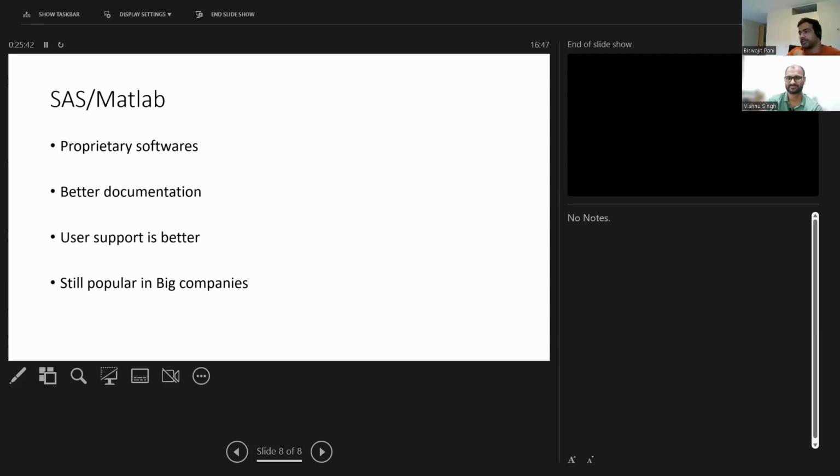User support is also better. For R and Python, you have to go to the internet and search, and sometimes that could be very frustrating, especially for beginners. It will be very frustrating to understand the answers from Stack Overflow and other places, Reddit and all.